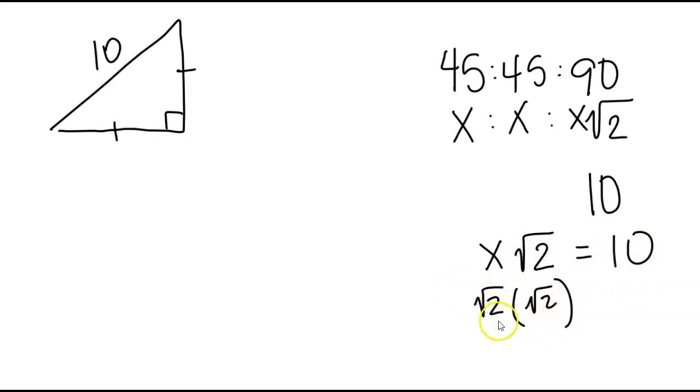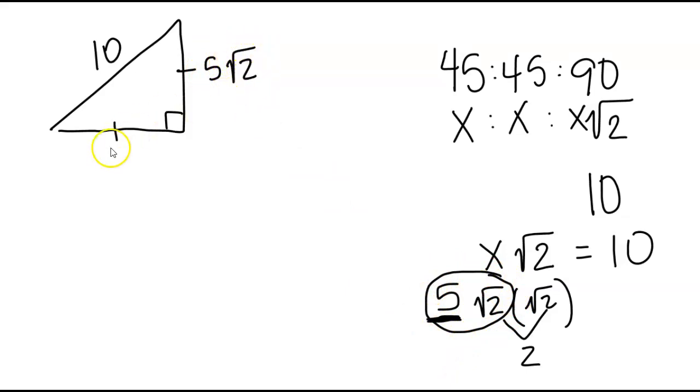So I have another square root of 2. Remember, these turn into a 2. So what number times 2 would equal 10? It'd be a 5. Now be careful here, because that does not mean that x is equal to 5. It means x is equal to 5 square root of 2. So each one of these sides is 5 square root of 2.